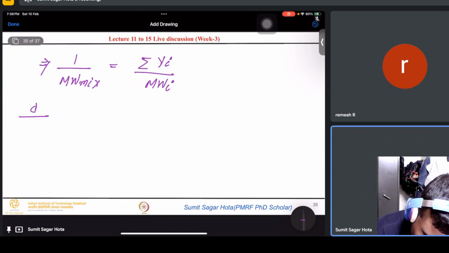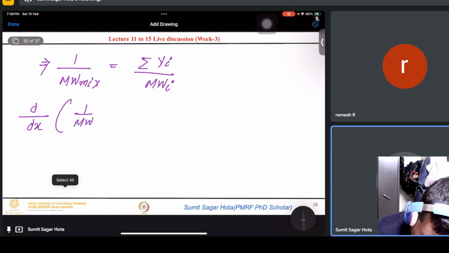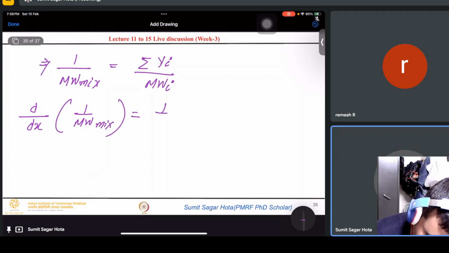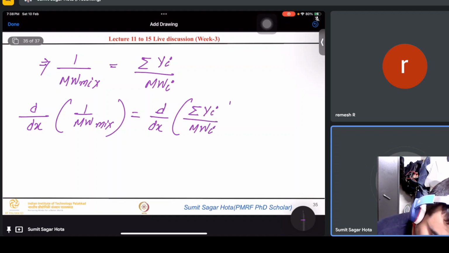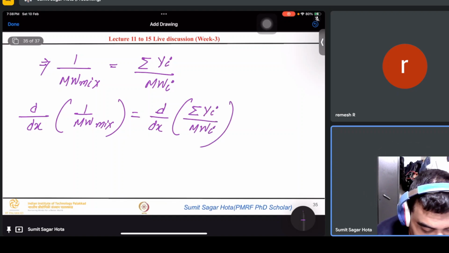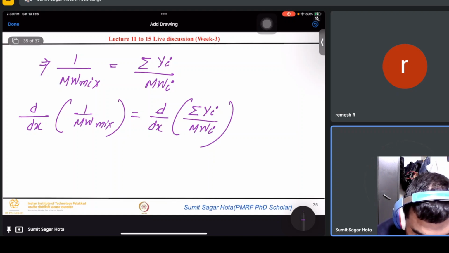d/dx of 1 by molecular weight of the mixture is equal to d/dx of summation of Yi by molecular weight of i. So now what is the plan?